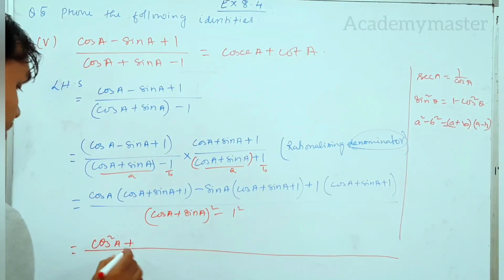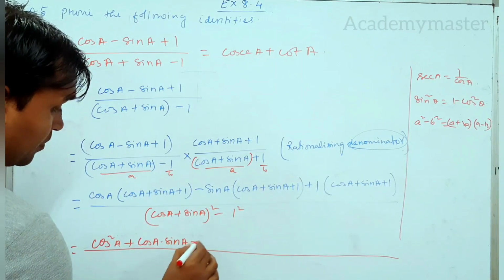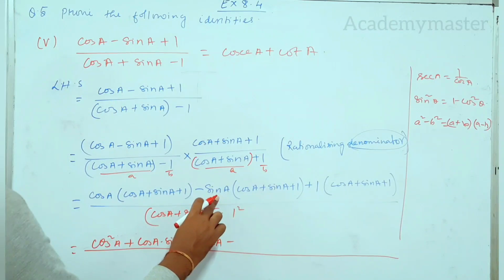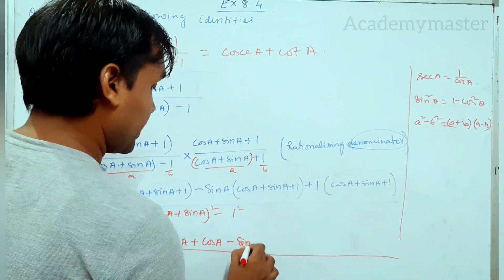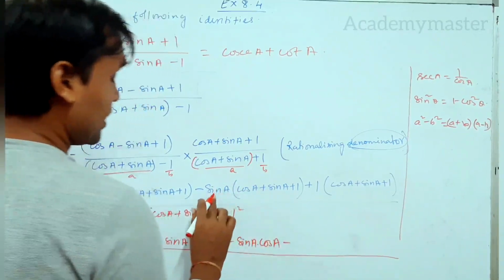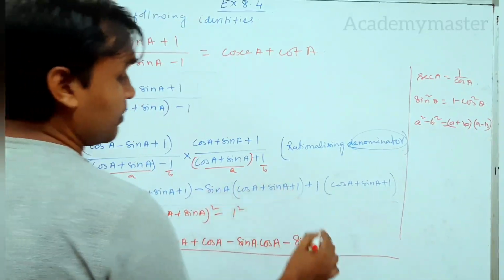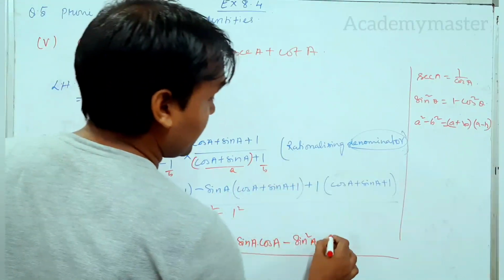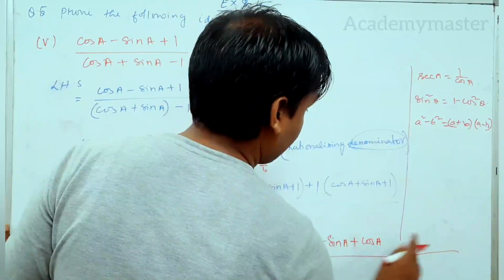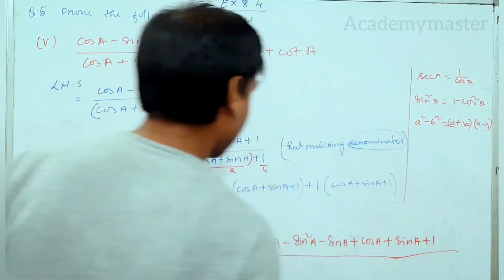Cos square A plus cos A into sine A, it will be cos A into sine A plus cos A into 1, it will be cos A. Minus sine A into cos A, so it will be minus sine A into cos A. Minus into minus, plus, minus sine A into sine A, so it will be plus sine square A. Minus into minus, plus, minus sine A into 1, sine A, plus the other things. If you multiply with 1, it will come the same only. So write cos A sine A plus 1.